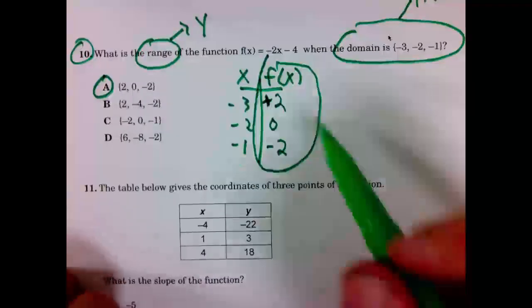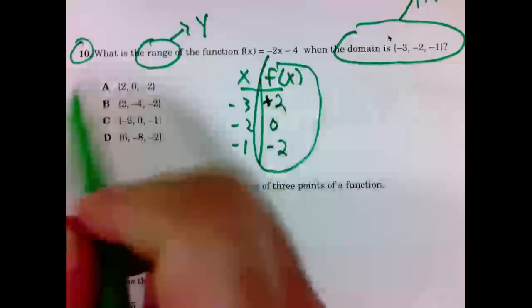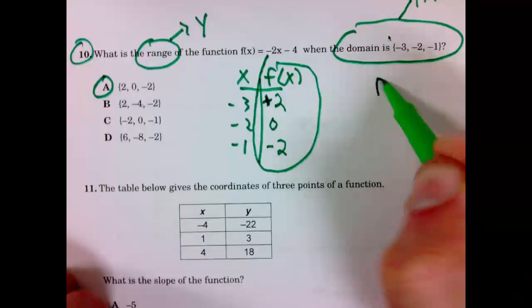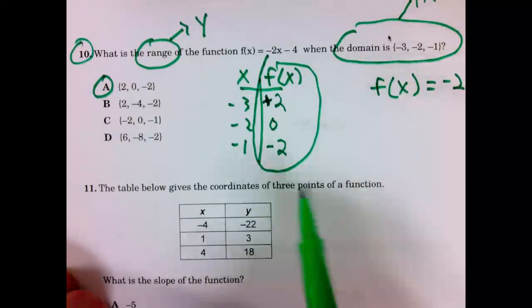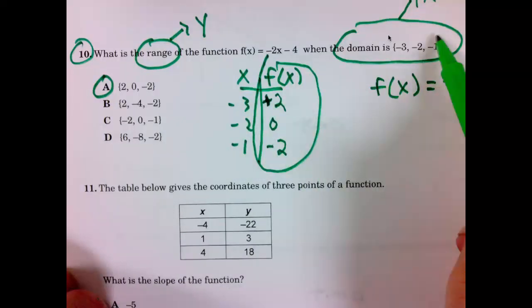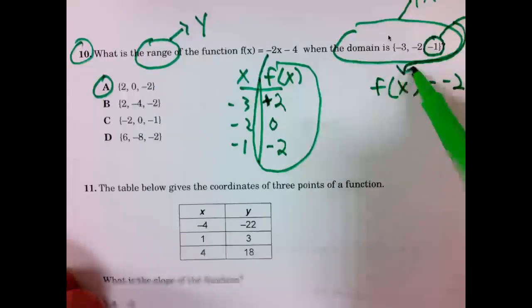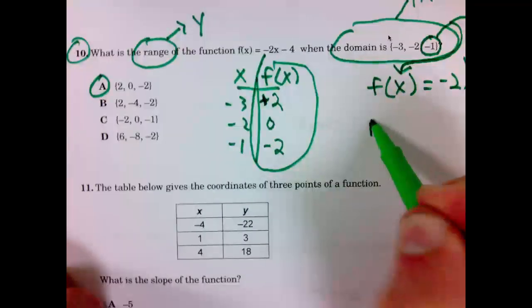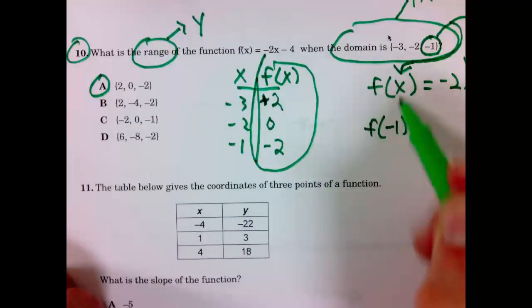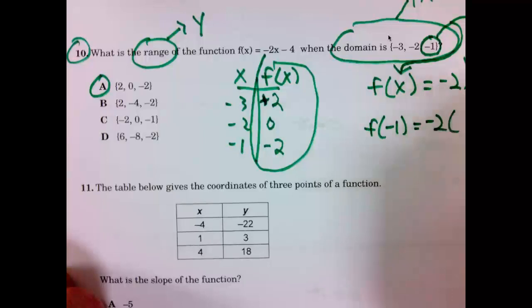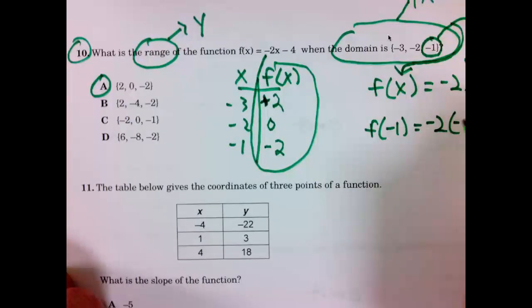I'm going to show one of these by hand over here. We have f of x equals negative 2x minus 4. Let's examine when we substitute negative 1 in place of x. Naturally, we should show it going in both places. There's an x. So we make the statement f of negative 1, substituting in place of x, negative 1. Negative 2, instead of x, we substitute negative 1, minus 4.